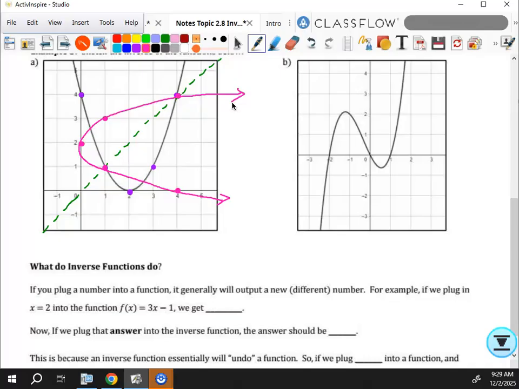But let me show you the draw a perpendicular line thing and what that was talking about. So on my original one, from this point, if I drew a line perpendicular to the line y equals x, and then I extend that line the same distance on the other side, so these are congruent and this is perpendicular, this point becomes this point. And that's true for every single point.